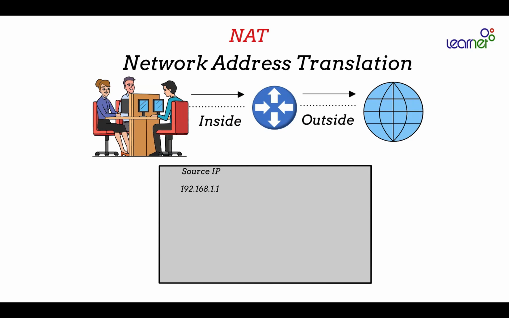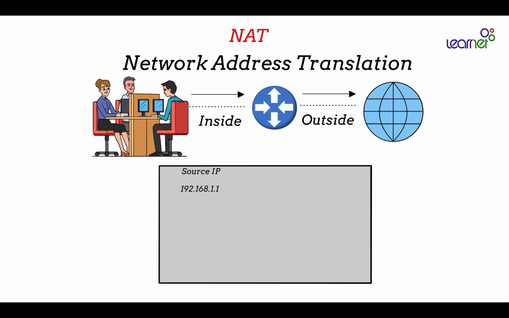So one user with a private IP address 192.168.1.1 sends traffic destined to a public server like the Google DNS server, and the router now has to translate the source IP address because that private IP address is not routable via internet routers. So it has to change the source address to a public IP address.